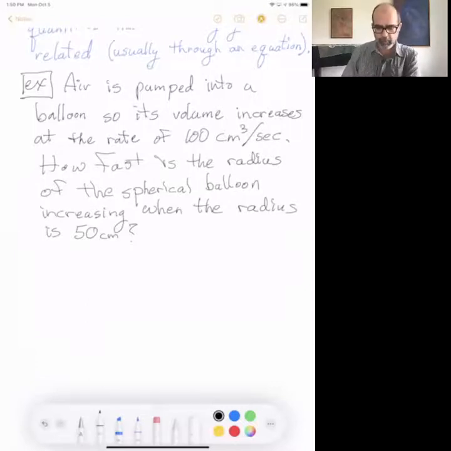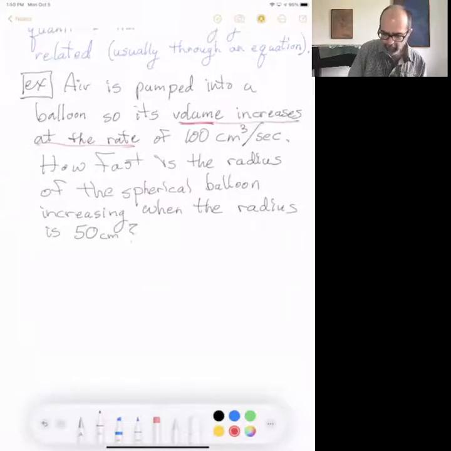All right, so basically we start off with some volume increasing at a certain rate, and we want to know how fast the radius is increasing. So there's a couple things going on. The idea is we have a volume that increases at the rate, and whether it's increasing or decreasing makes a big difference.